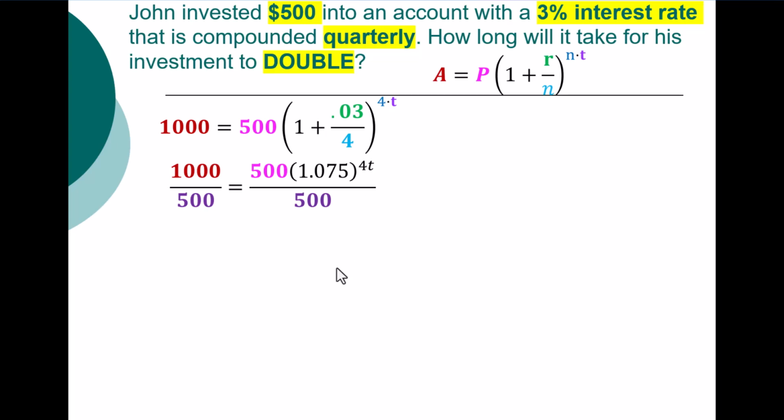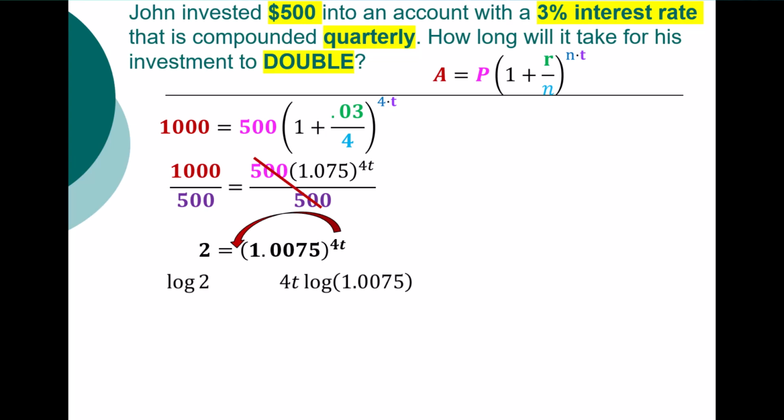Remember, we're trying to isolate that variable t, which is in the exponent. So we end up with 2 equals 1.0075 to the 4t.